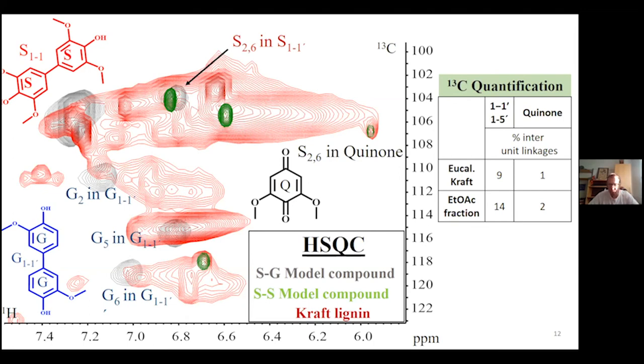Turning to numbers, we have roughly 10% in eucalyptus Kraft lignin of linkages where at least one carbon 1 is involved. This percentage is much higher in the ethyl acetate fraction. And this is not surprising because we have seen, according to phosphorus NMR results, that this oligomeric fraction has a high phenolic content and is devoid of aliphatic hydroxyls. This fraction, in our point of view, is very attractive in a material context.